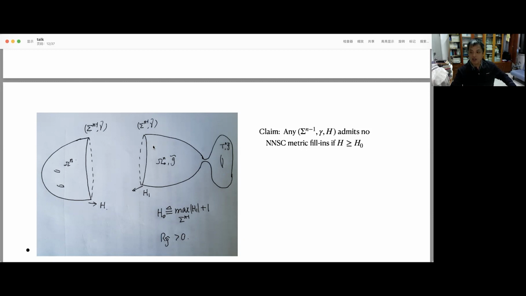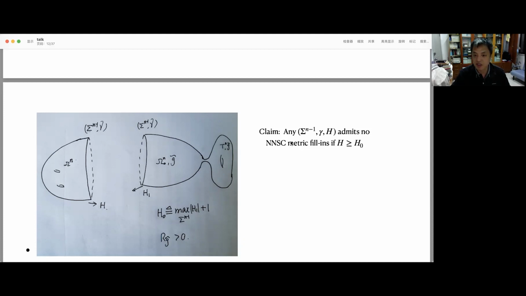Then by our extension theorem, such a gamma can be extended to a Riemannian metric in the interior part omega naught, denoted by G tilde, so that the scalar curvature of G tilde is positive. Okay, and then we have the mean curvature, denoted by H1, and we define H naught like this. So it is always positive.